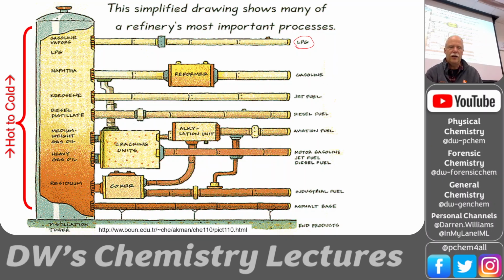Some of that goes through various reformers where they clean up the gasoline and achieve whatever kind of mix that we want. Also notice that some of this medium weight and heavy gas oil down here has a lot of double bonds in it. The double bonds make it really dirty.